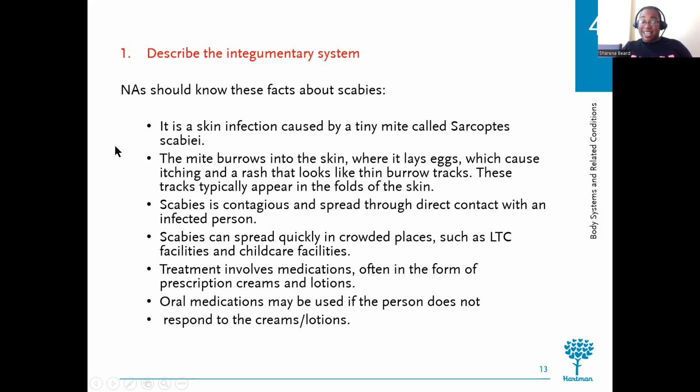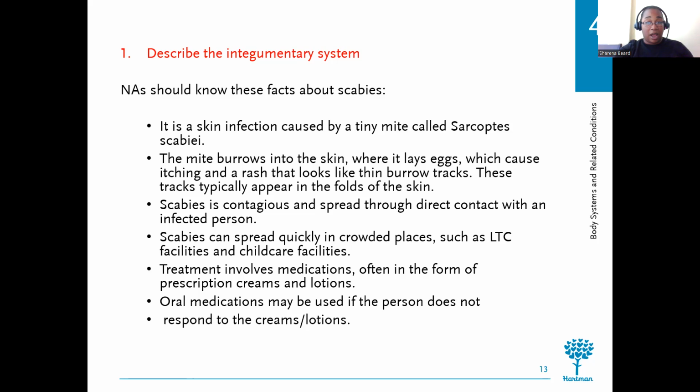So, scabies. Have y'all heard about scabies before? Scabies is skin lice. It's like lice in your hair. Lice in your hair will grab on, and it likes to be around the back of the neck, but there are eggs and live mites that just go around, and it's contagious, right?